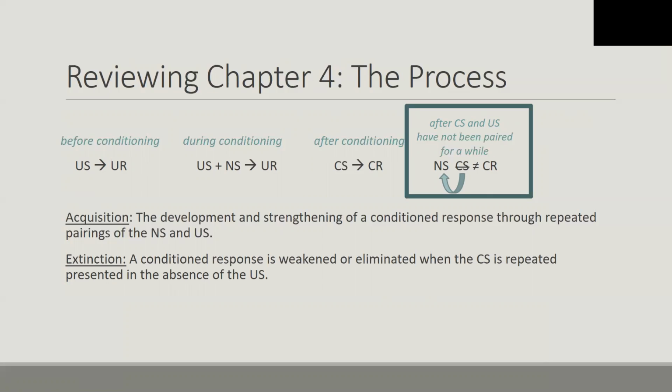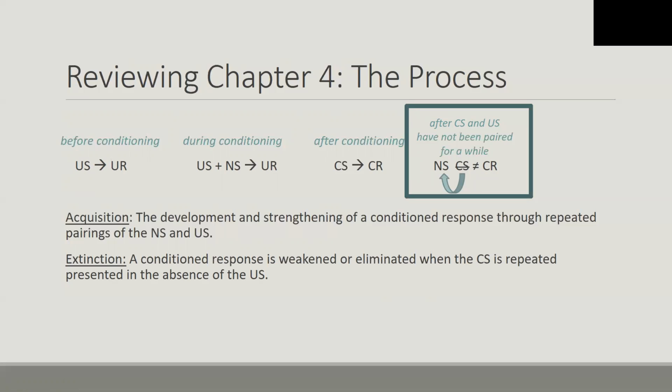And that's basically where the classical conditioning goes away. So that conditioned stimulus now no longer elicits the conditioned response, and it essentially goes back to being neutral. And so that tone or the metronome that was paired with the food no longer makes the dog drool, or the doorbell no longer makes the dog bark. The conditioning can just go away after a while in some cases, depending on how strong the stimulus is.